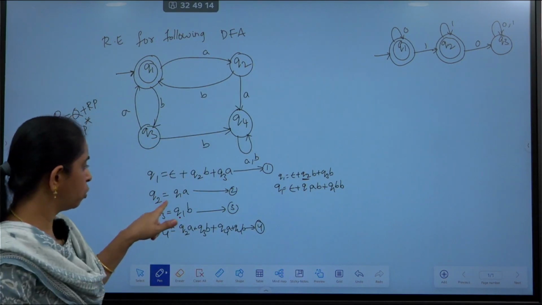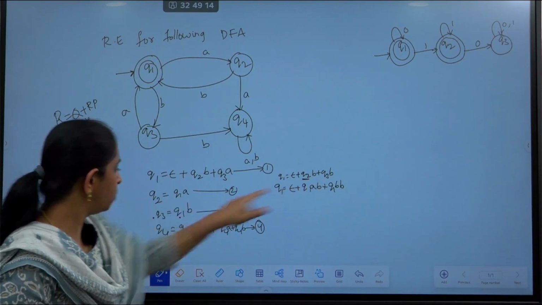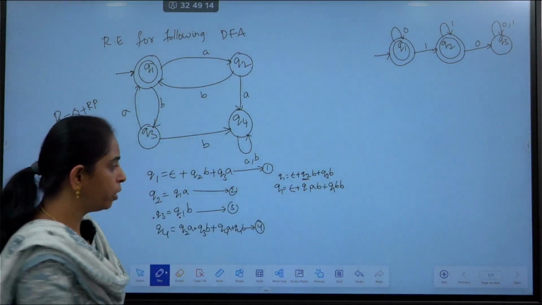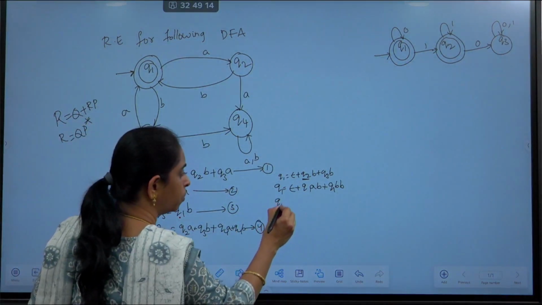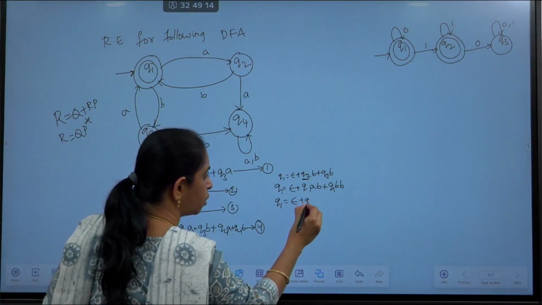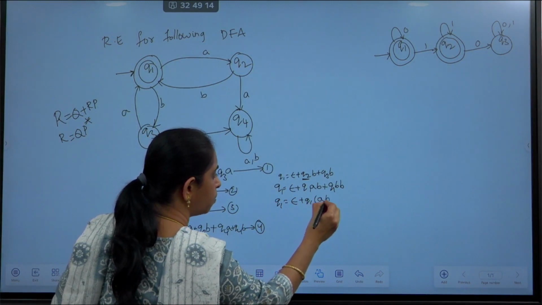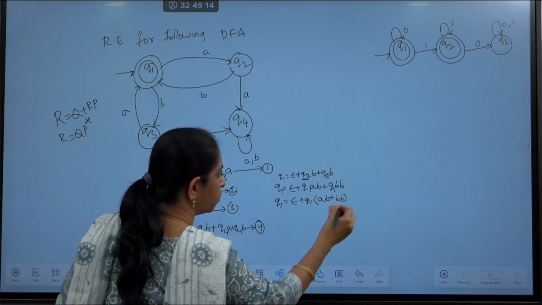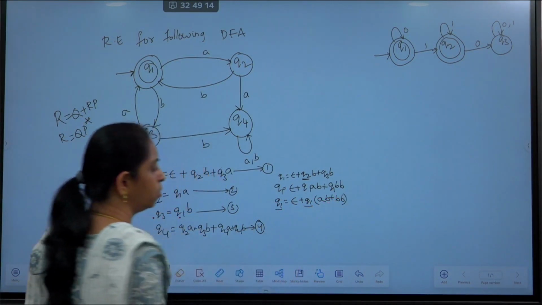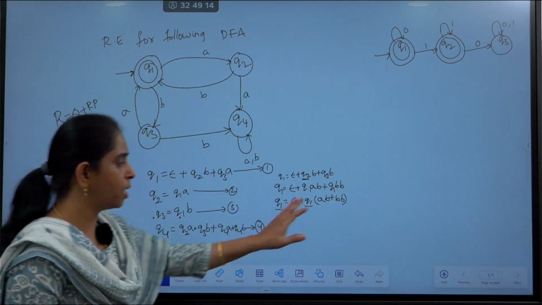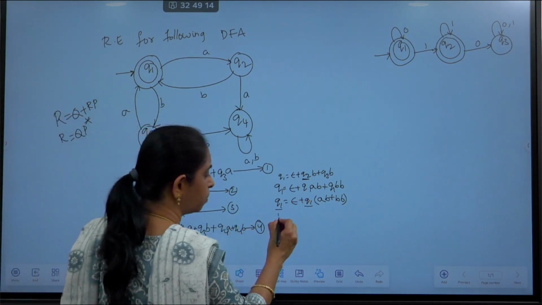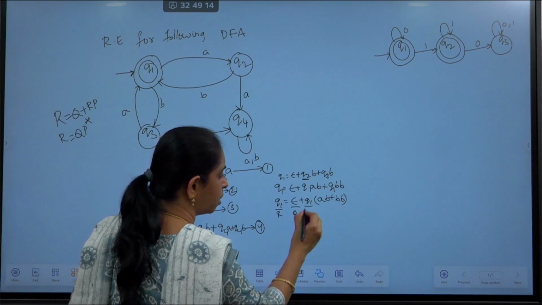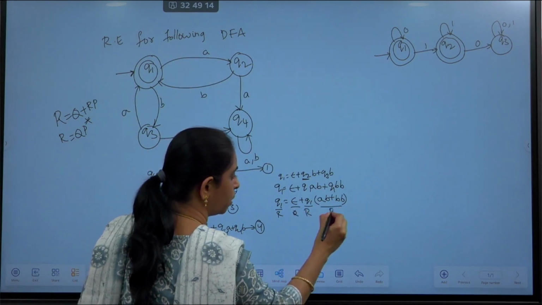So Q2 means Q1A, Q3 means again Q1B. Shall we take Q1 common? Taking Q1 common, we have AB plus BB. Whenever we have the same state on the LHS and the RHS, we can take it as R equals Q plus RP, that means QP star.